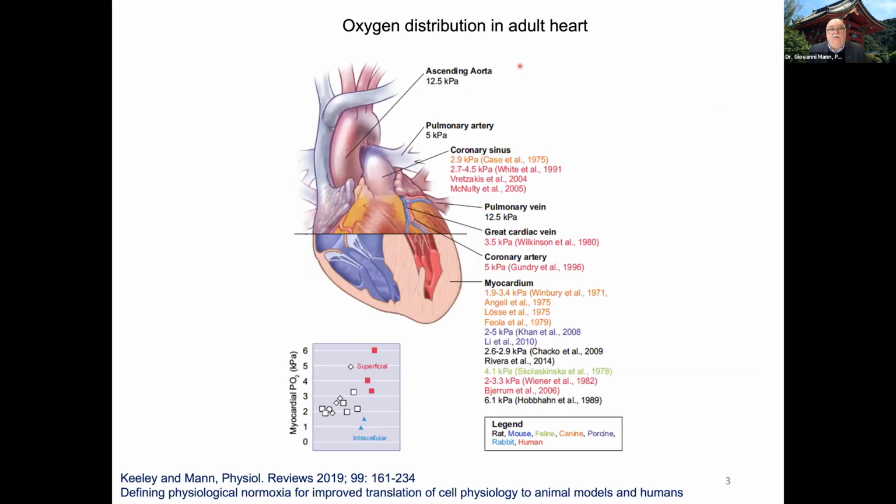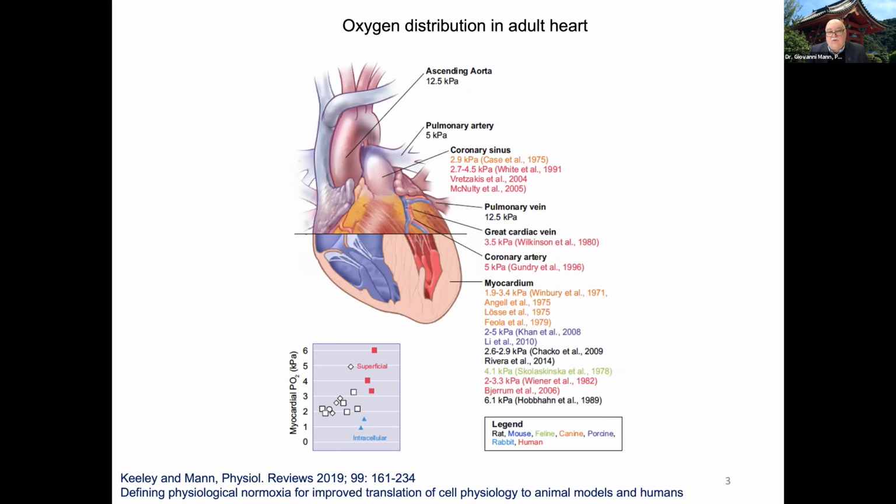So let's focus on the heart. And this is taken from a review that Tom Keeley and I wrote for Physiological Reviews, defining physiological normoxia for improved translation of cell physiology to animal models and humans. But let's zoom right down on the coronary artery, where in humans, that's the red coating that you can see here, the blood has an oxygen level of around 5 kilopascals.